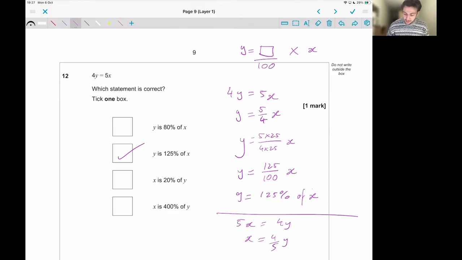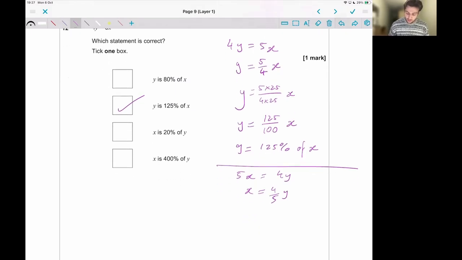And then if we turn that into a percentage, we're going to times the top and the bottom by 20. So we're going to get 80 over 100 y. So x is 80% of y. But that is not one of these options. So we know that we found the right solution. That's our little check that we could have done.